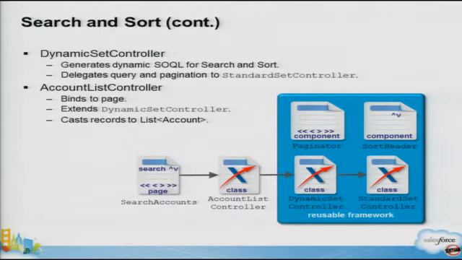Inside the dynamic set controller, we're actually instantiating a standard set controller, so I don't have to write a first and a next and a last and a previous method. I'm simply going to use the ones that are built into the system. But we want some other logic to specify which rows of data I'm paginating through, and that's what the dynamic set controller does.